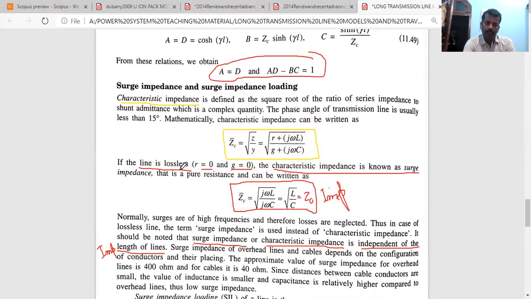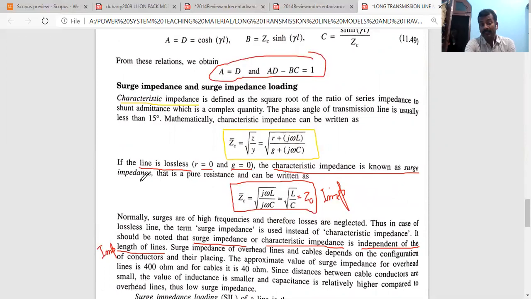When they are 0, the transmission line will be lossless, definitely, because the losses occur due to the resistive part of the transmission line. Now, when the line is lossless, the characteristic impedance is known as the surge impedance.